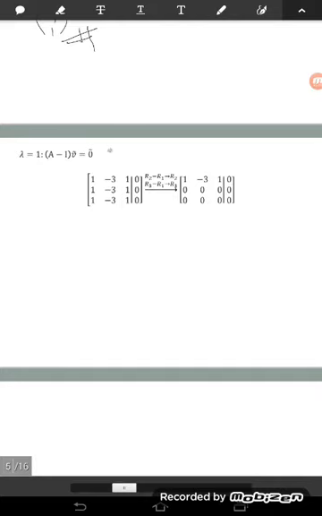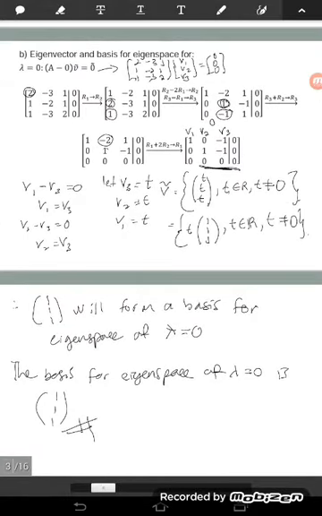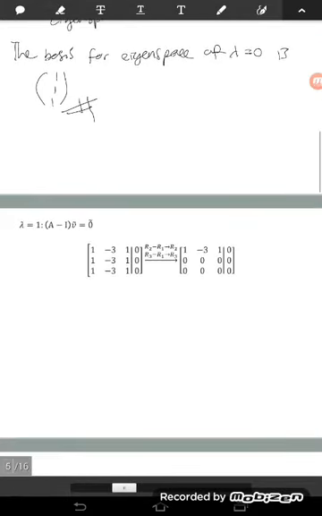So nanti korang akan dapat tukarlah dalam bentuk matrix. Okay, so saya tak ingat matrix A tadi. Okay, so nanti tukar dalam bentuk matrix, lepas tu korang akan dapat macam ni. Okay, and then after you have the augmented matrix, so use ERO to convert into row reduced echelon form.